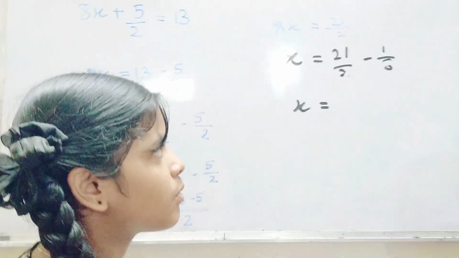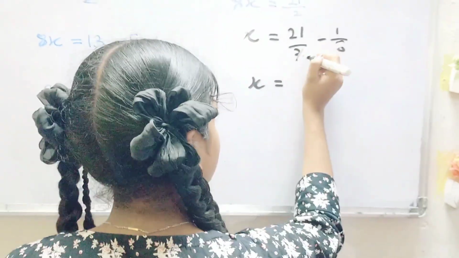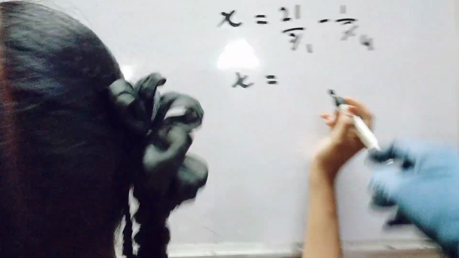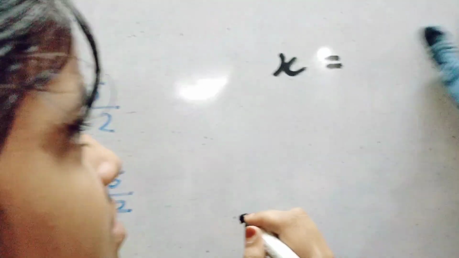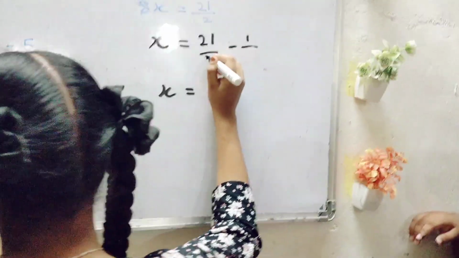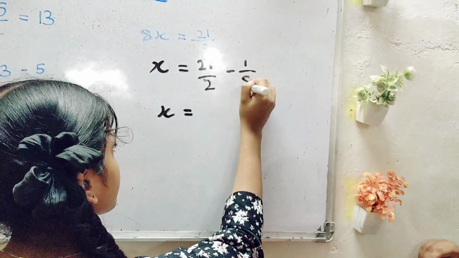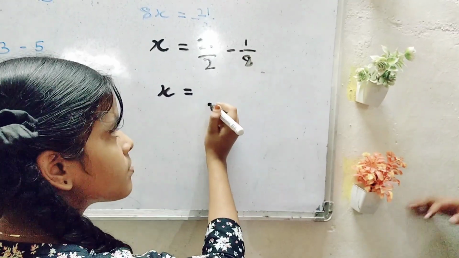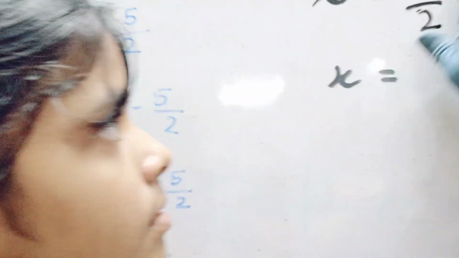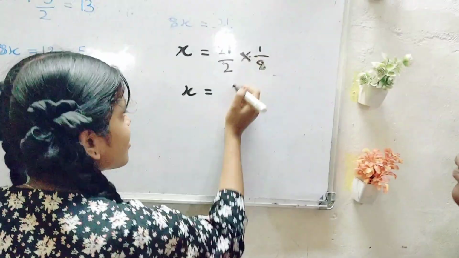What happened? Yes. Do it. You can write. What was this? You just write it neatly once again. Let me see. What was that? 21 upon 2, 8. Then what sign will come here? Into? Yes.